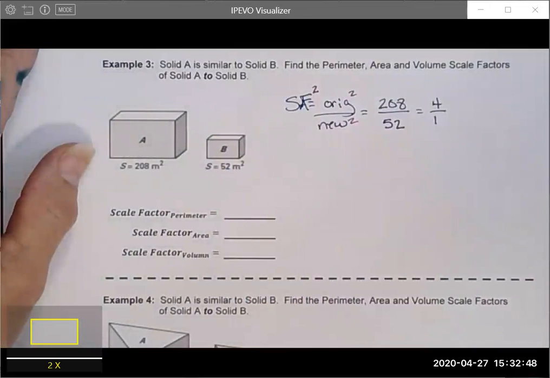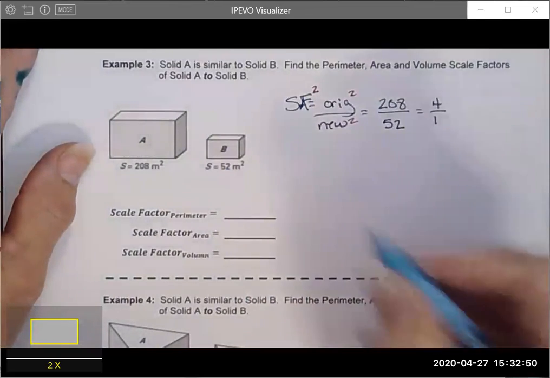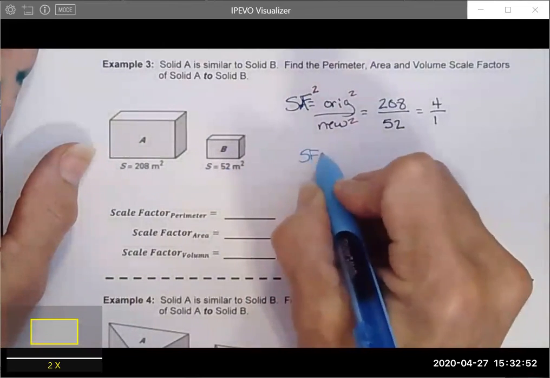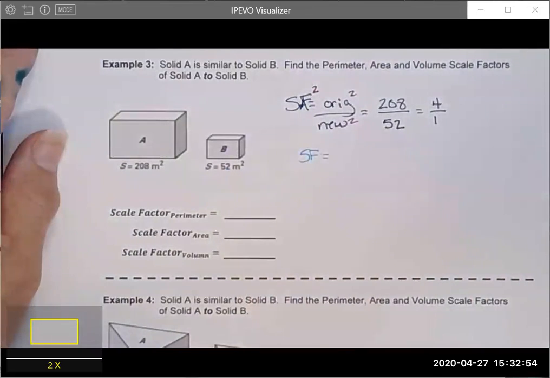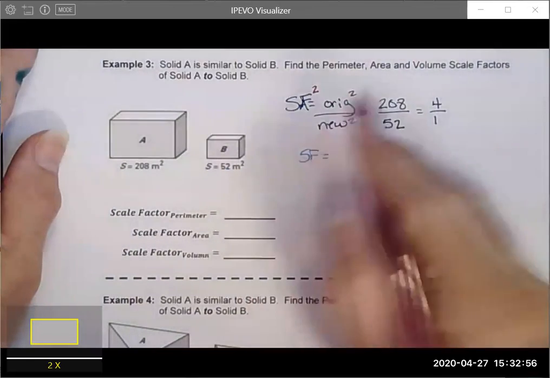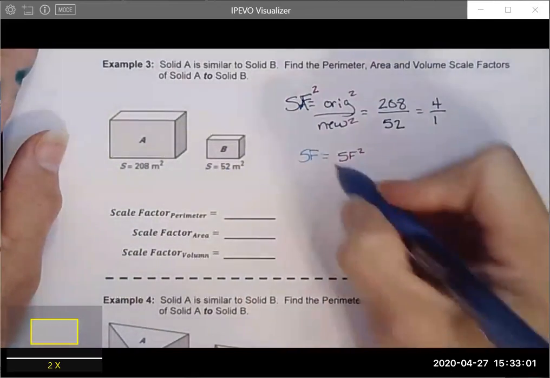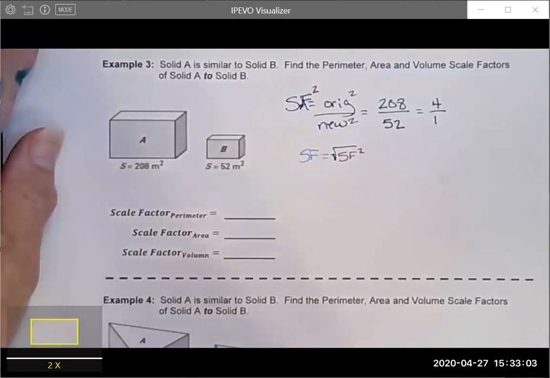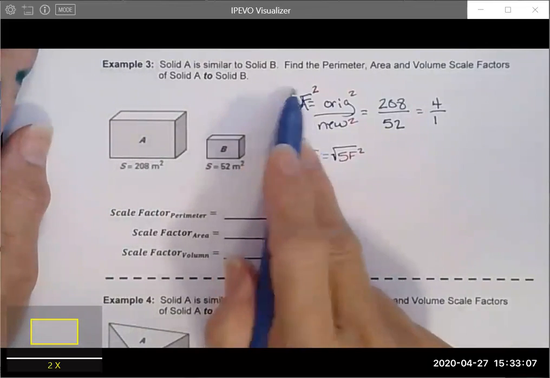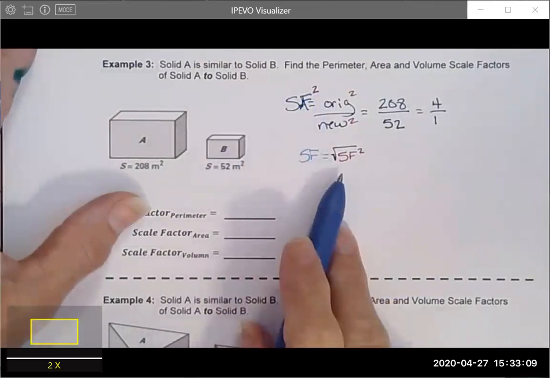And that's important to note, because now to find my actual scale factor, I need to take the square root of my area scale factor, which was squared, right? To undo scale factor squared, I take the square root.